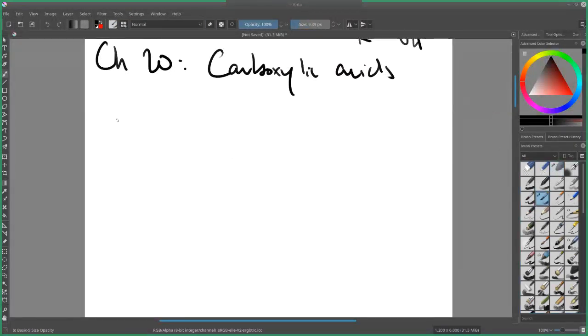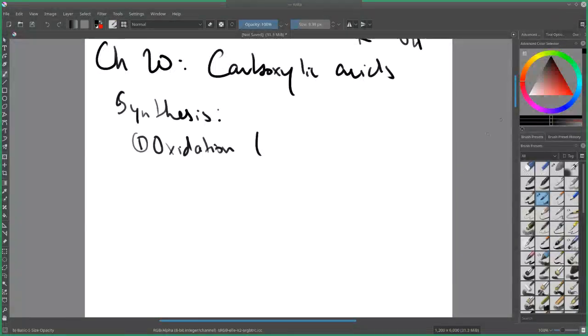Okay, so for carboxylic acids, you started off by learning about synthesis, and there are 5 ways, I think, of really synthesizing carboxylic acids that you learned. So one of them is oxidation, and you learned a million of these things. Let me try to be a little bit interactive.